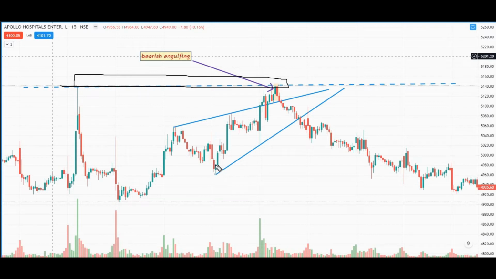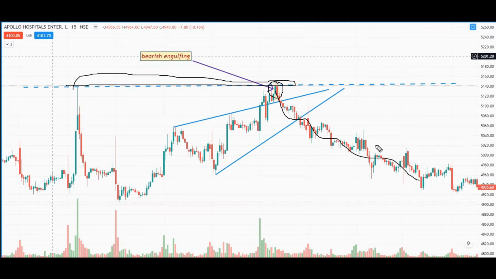So again, when prices retraced back towards this zone, we saw a bearish engulfing pattern at the resistance zone. Very good setup. Okay, and then prices changed their trend from up to down.